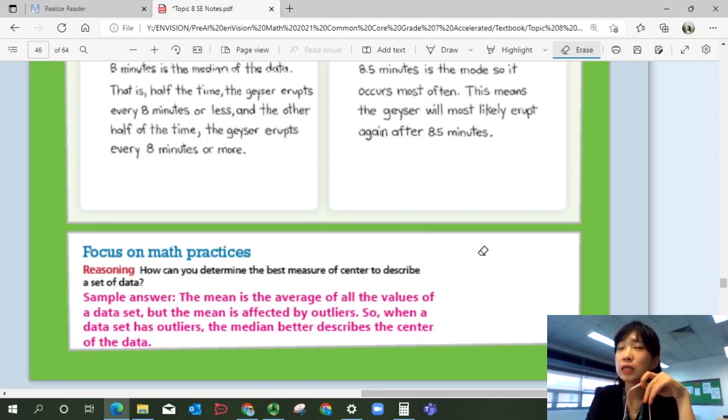So if we're just talking about mean and median, the mean could be best sometimes, but if there are outliers that are far greater and way away from the center of the data, then that really affects the mean to get bigger, right? So the median would be more accurate in that case. If you see outliers, you want to use the median. And we talked about this in the last topic, right? So we're going to make use of that here.